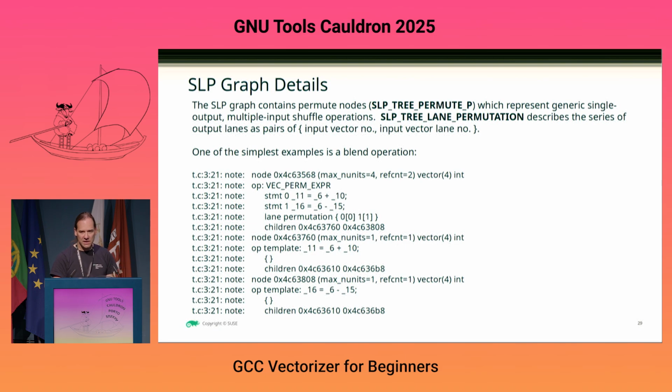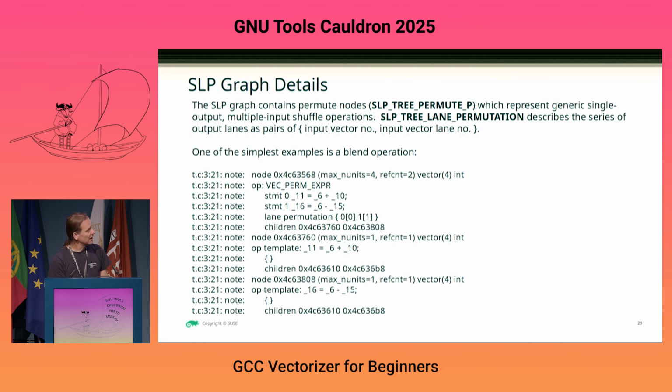So the SLP graph, it contains permute nodes, and they are basically blends. The permutation is represented by the SLP tree lane permutation specification, which is dumped like this. So it says the first lane comes from the first child and its first lane.